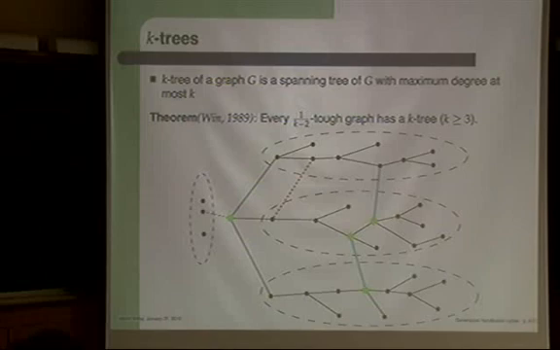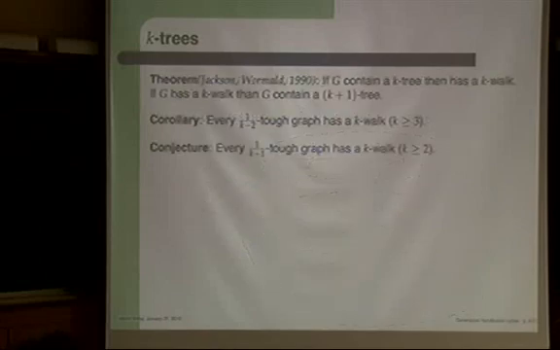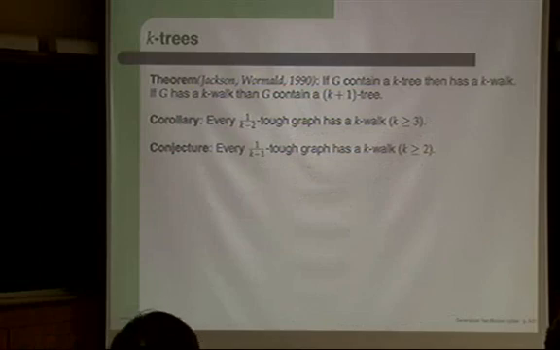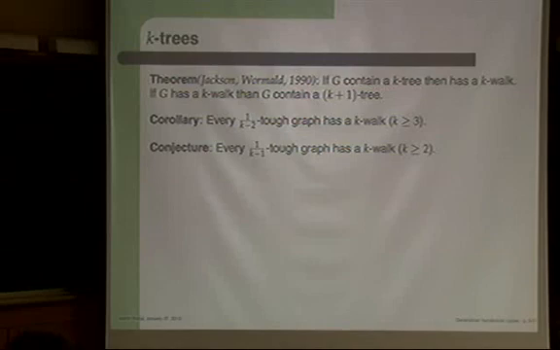We can use it quite easily, because in 1990 Jackson and Wormald proved that if G contains a k-tree, then we have a k-walk, and if we have a k-walk, we have a k plus 1 tree. Is it obvious how you can do it?